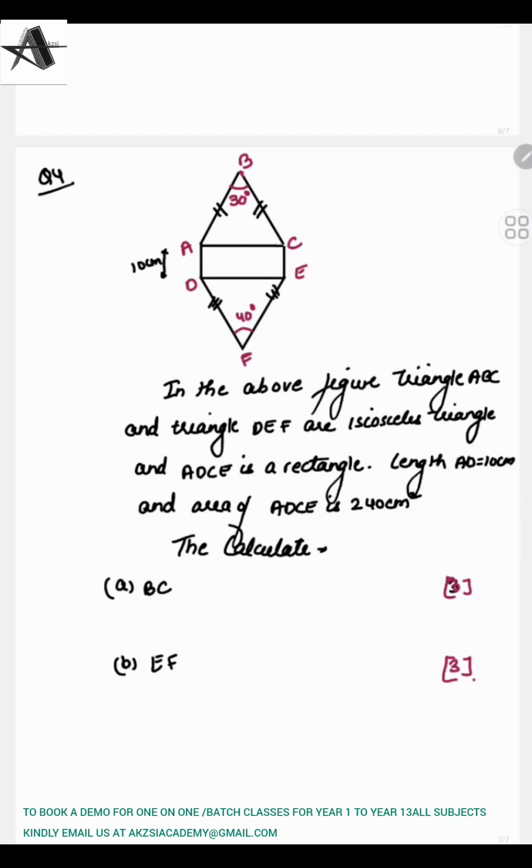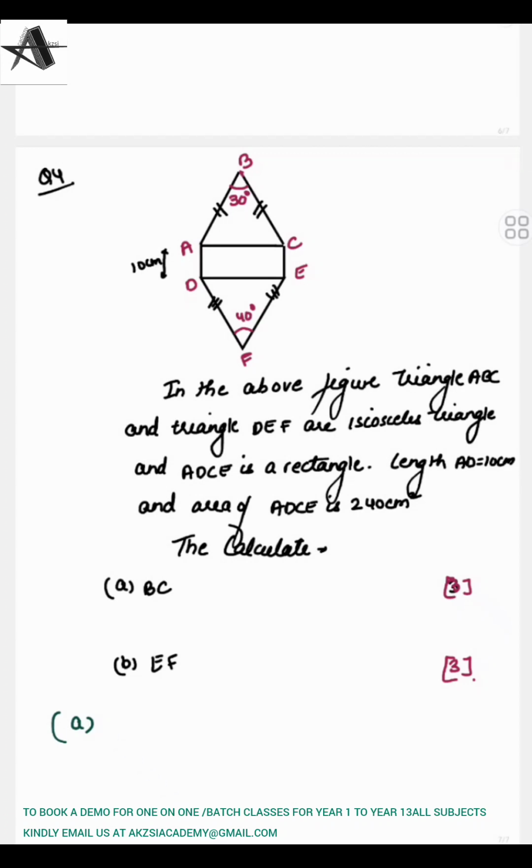The area of ADCE is given, so that will give us an idea how to calculate the length which is also a part of both the triangles. Then we have to calculate length BC. Let me start with the things that we already know.